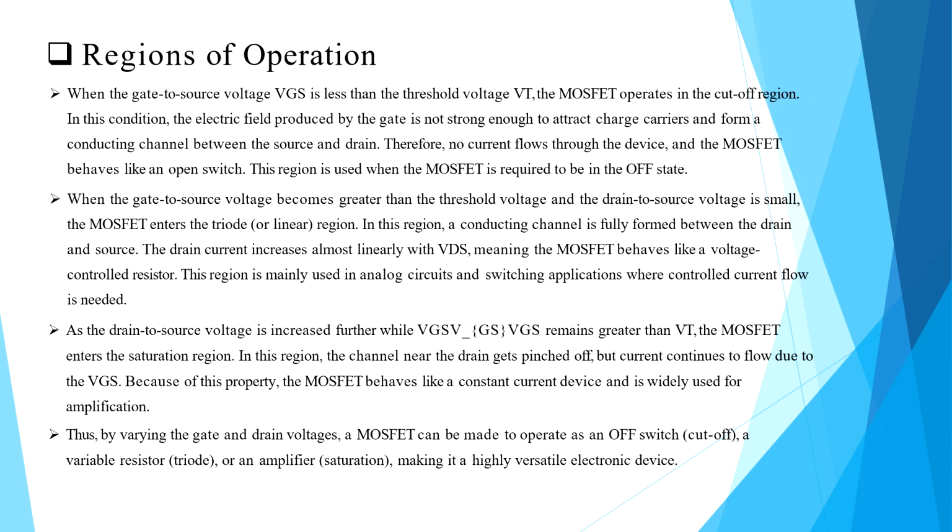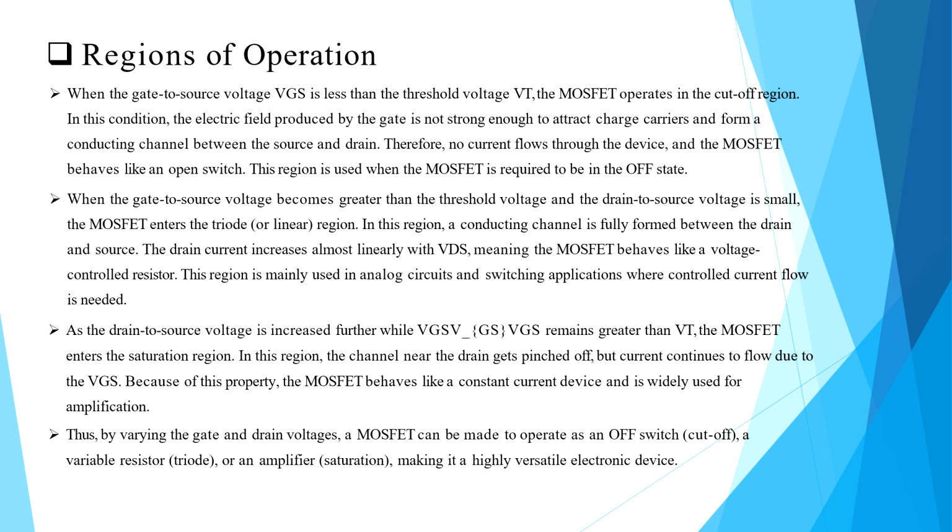As the drain to source voltage is increased further while VGS remains greater than VT, the MOSFET enters the saturation region. In this region, the channel near the drain gets pinched off, but current continues to flow due to the VGS.